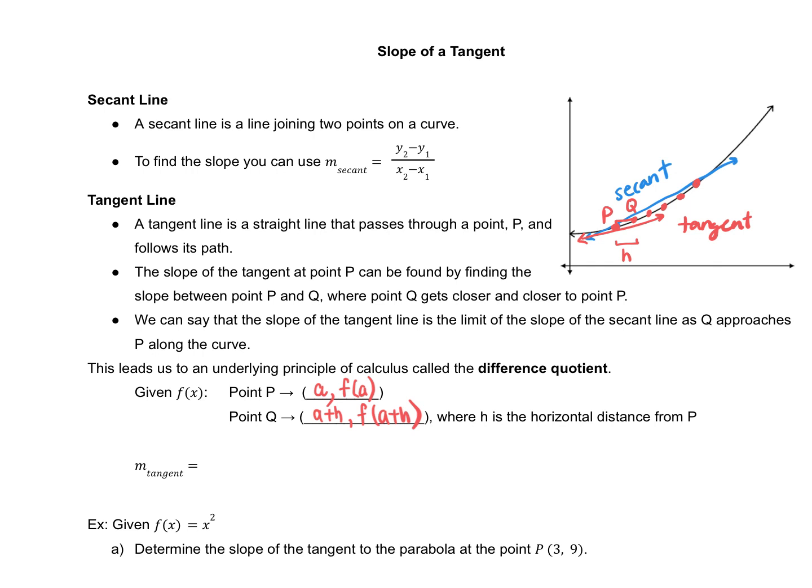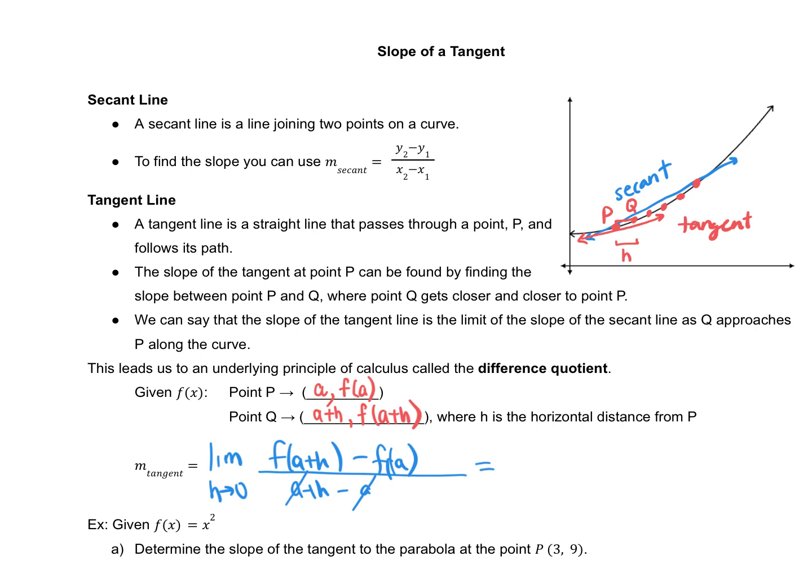The slope of the tangent will be the limit as h approaches 0 of y2 minus y1, so f at a plus h minus f at a, over x2 minus x1, so a plus h minus a. Well, we should notice that the a's cancel out.